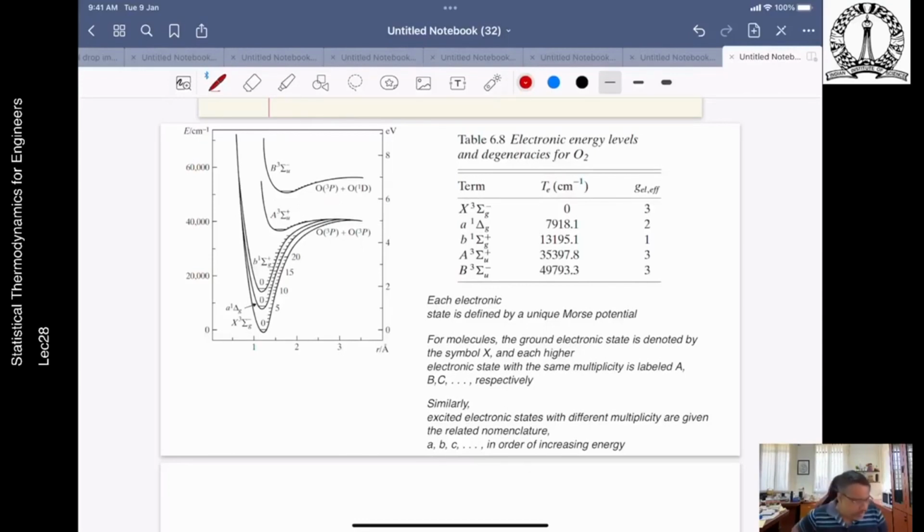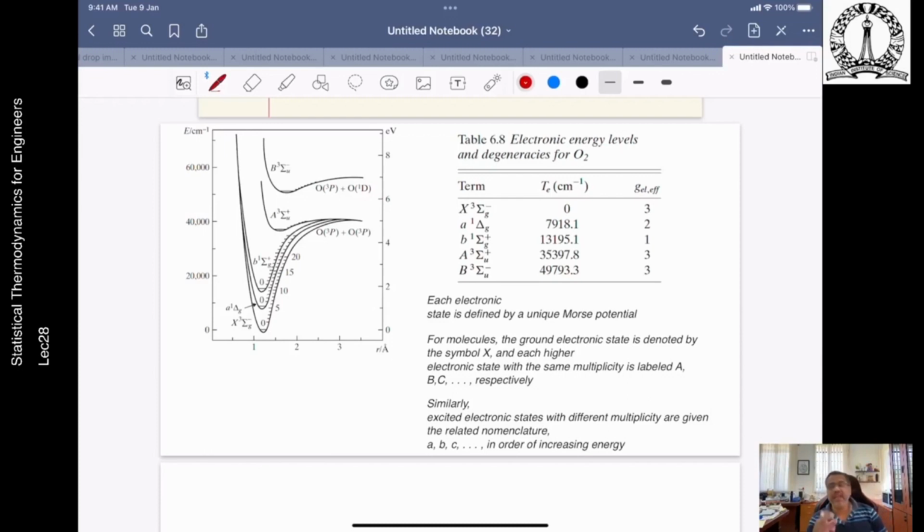Okay, so welcome to lecture number 28 of the Stat Thermo course. In this particular lecture, previously we told you what the effective degeneracy will be for diatomic molecules. We have also said what spin splitting is, and lambda doubling.